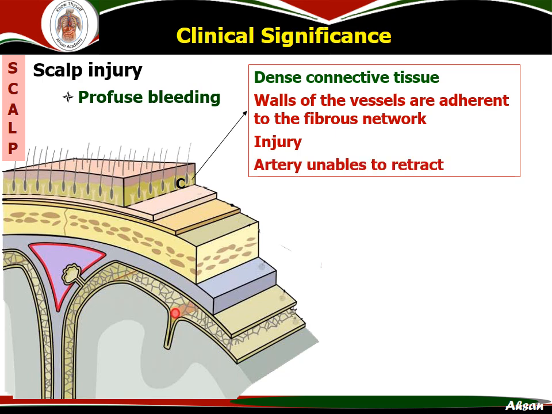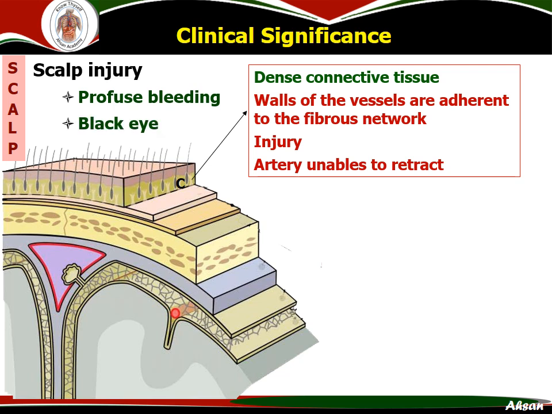Those fibers are made of collagen and form a very integrated network. So the injured blood vessels cannot retract to close the injured area, and that produces profuse bleeding.